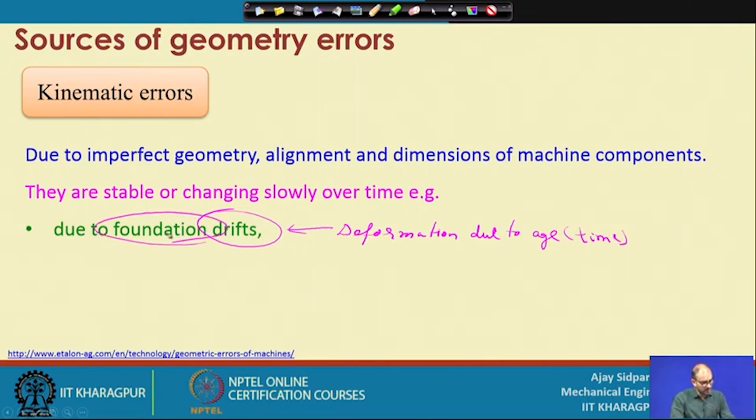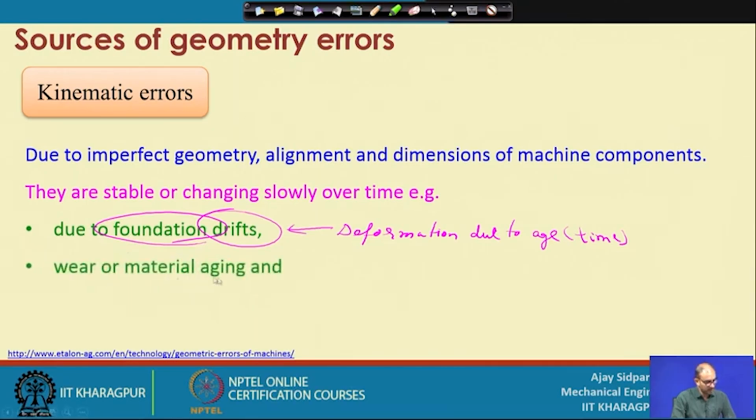Foundation drift means the foundation is never in motion, so it is always a stationary part, but because of the many things you are doing on the foundation, machining, mounting a very heavy vise or heavy workpiece on the top, then removing it and mounting again, those things play an important role in the status of the foundation, the current status of the foundation.